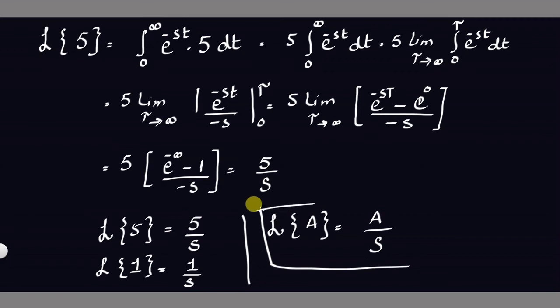So you can conclude that this will be the final formula for every constant. In this way, you don't need to find the Laplace transform of simple constants one by one. You just solve this formula and prove this. If you have proved this one, then the Laplace transform of any constant you can calculate.